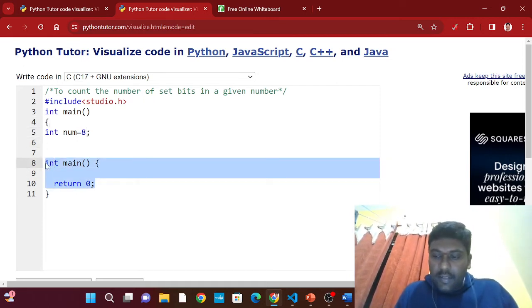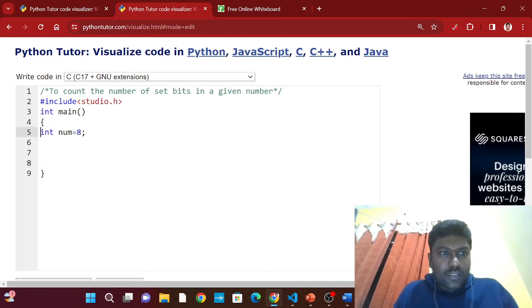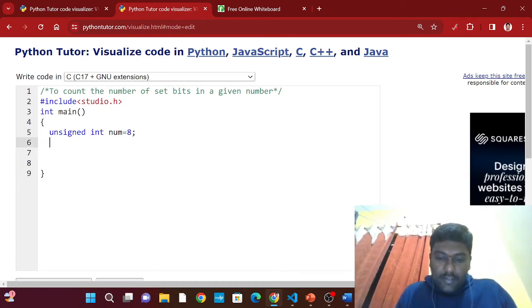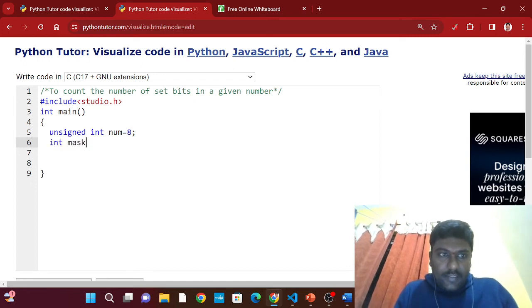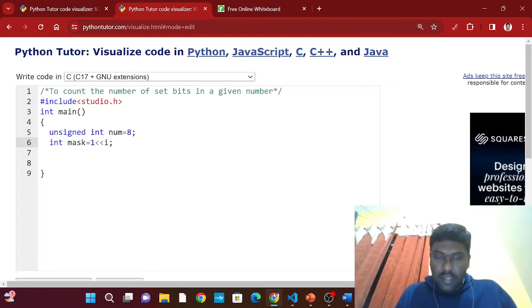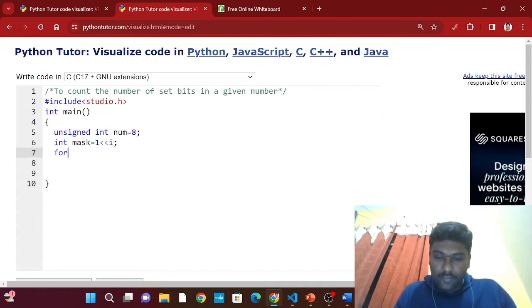Mostly in bitwise operations, prefer unsigned int, that is positive numbers. And I'm going to take int mask equal to 1 left shift with i times, and I'm going to run the loop for i equal to 31.